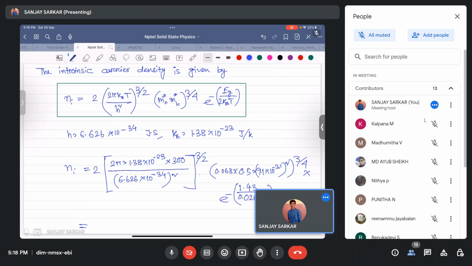Let me check. Okay, so 2 into 3.142 into 1.38 into 300 divided by 6.626 square. Please everyone calculate this, because this is a big expression and we might make mistakes.